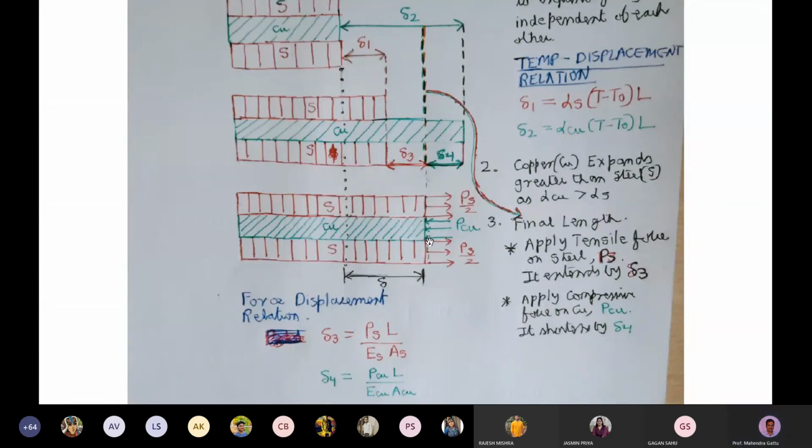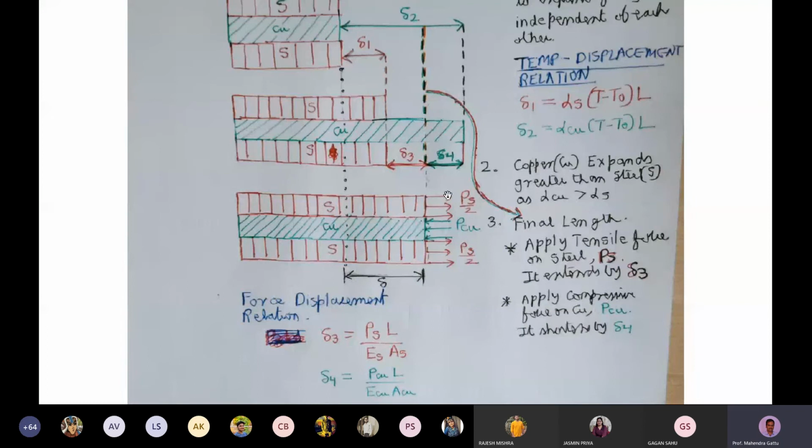So we look carefully at what is happening here. This is the free expansion length, and because the steel is producing some compressive force on this copper, it will shrink by delta 4, and the steel free expansion is this much, and because the copper is exerting a tensile force, it will expand a little more by delta 3.